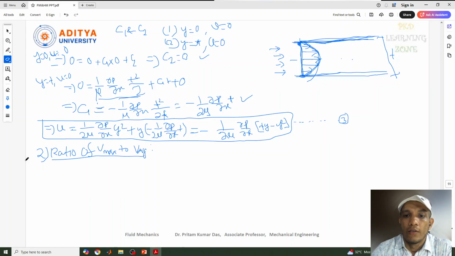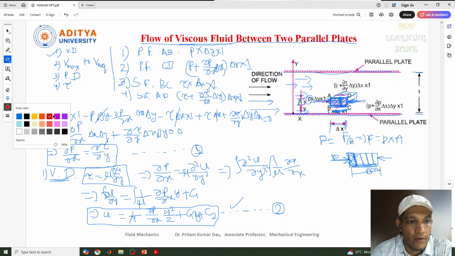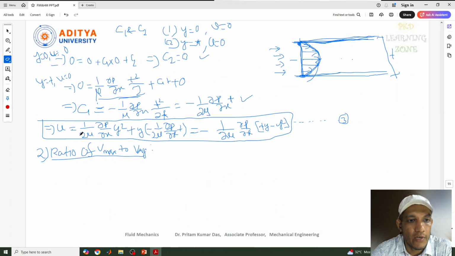Okay, so now let's take up this point. The first one we have covered here, velocity distribution, and this is the second point, the ratio of maximum velocity to average velocity.